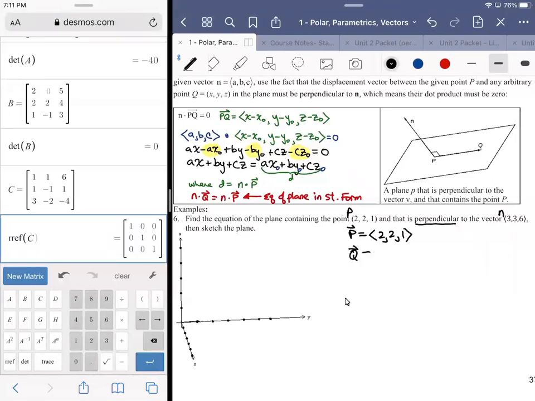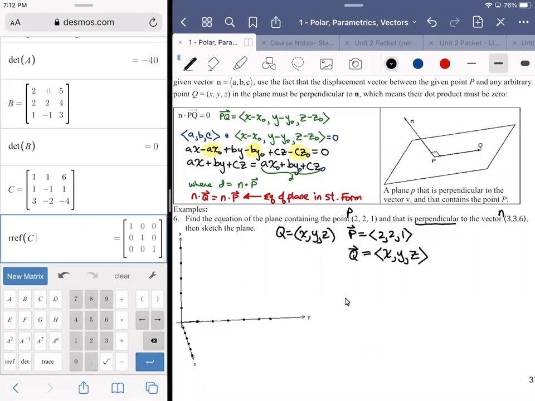Capital Q corresponds with point Q, which would be equal to just x, y, z. Vector Q would be vector x, y, z, the displacement between coordinates x, y, z and the 0 vector. So x minus 0, y minus 0, z minus 0.